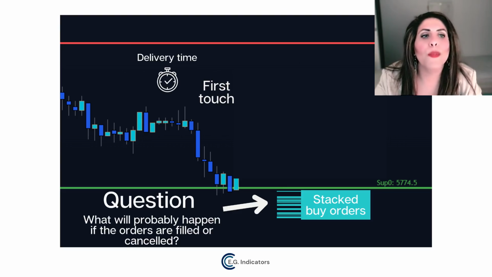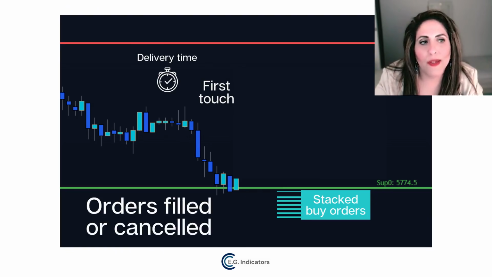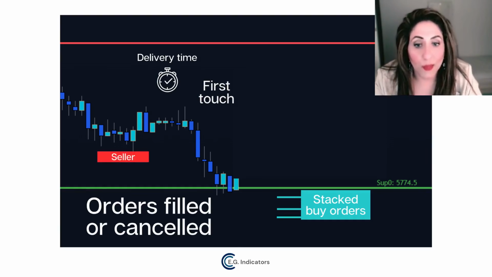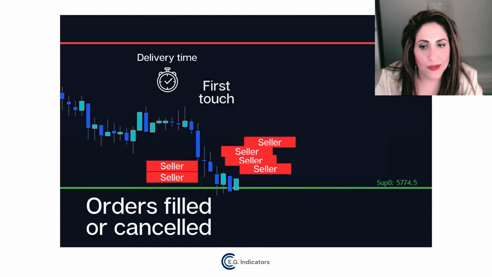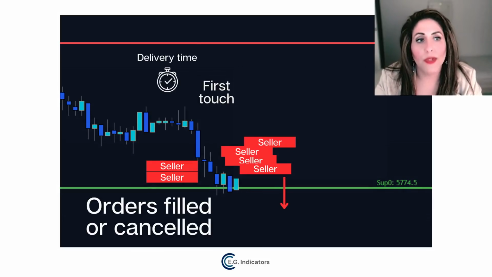And what will probably happen if the orders are all filled because there are enough buyers, or canceled? And the sellers push lower and lower and lower. Many sellers, they are pushing the market lower. They will have enough room to move the market to the downside.